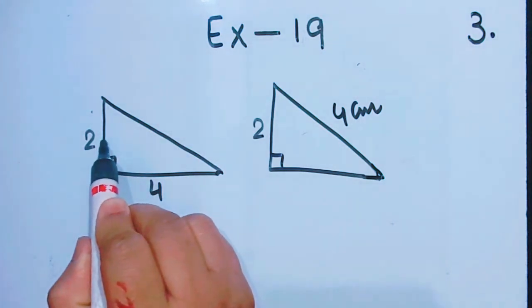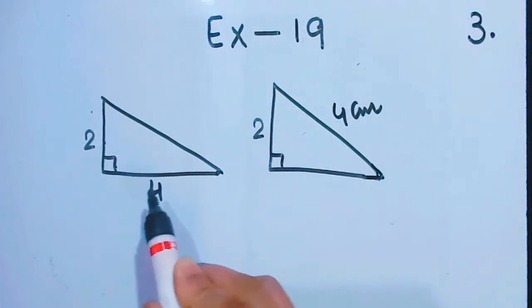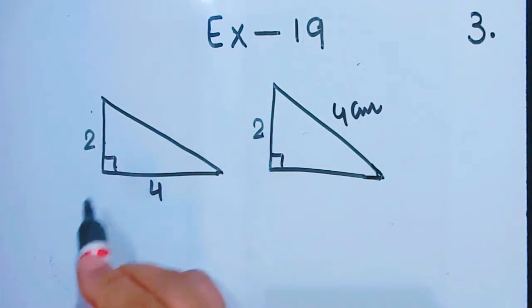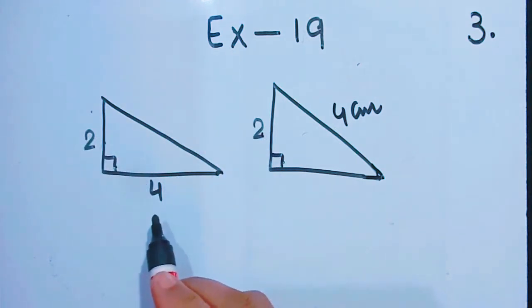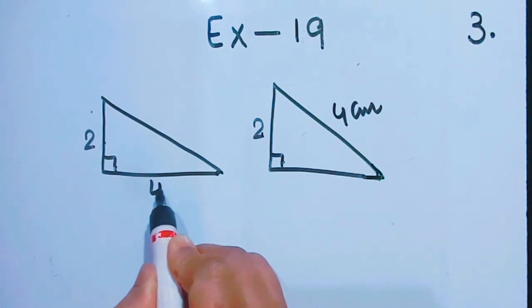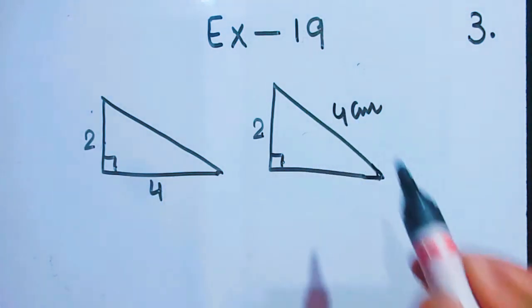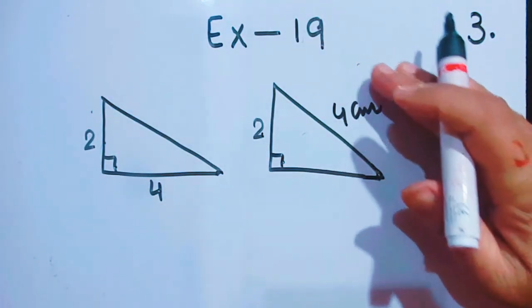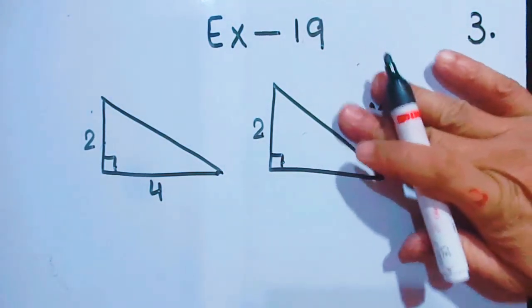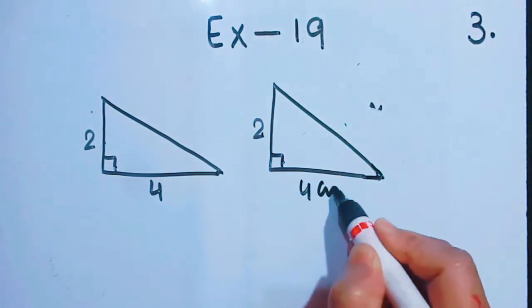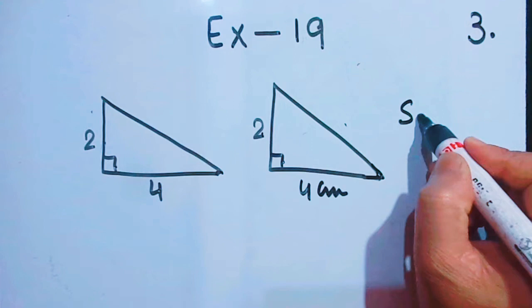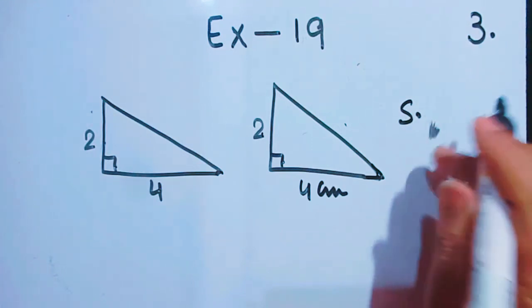One of the sides is given, one of the angles is given, and these two sides are given, these two angles are given. One of the sides here is equal to one of the sides over here. Had this 4 centimeter been here, then these two triangles would have been congruent by side angle side.